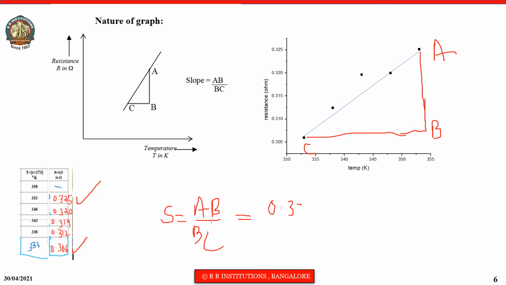0.325 minus 0.306, divided by BC, the reading of B minus reading of C. The reading of B is 353, minus reading of C is 333.